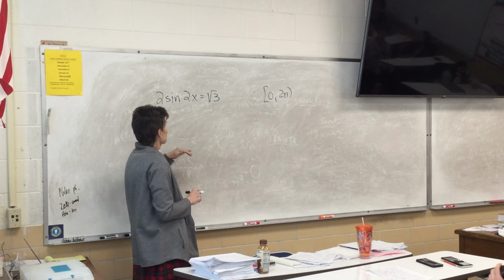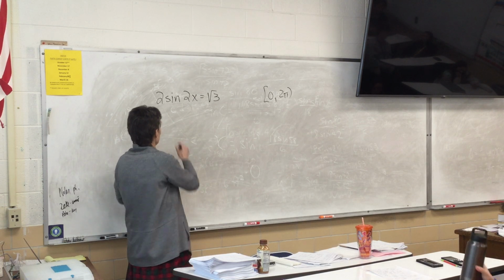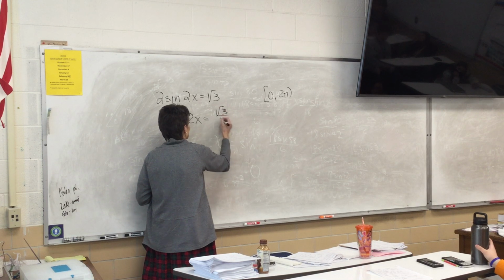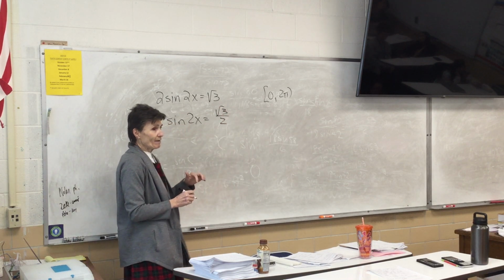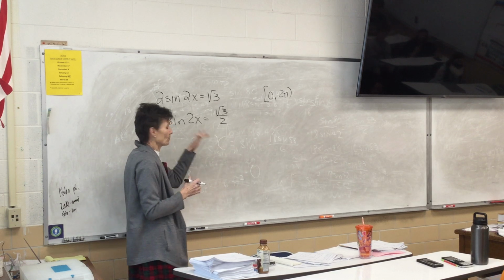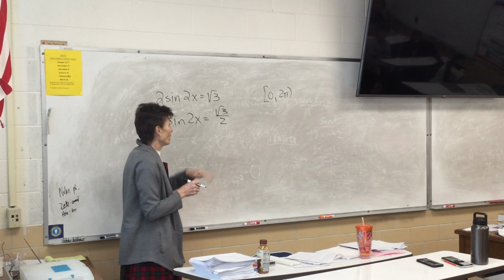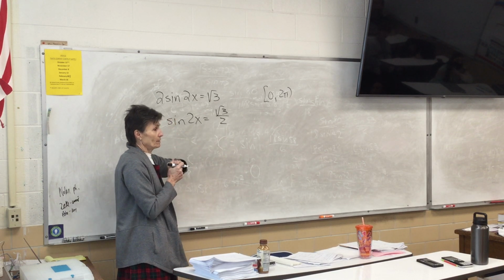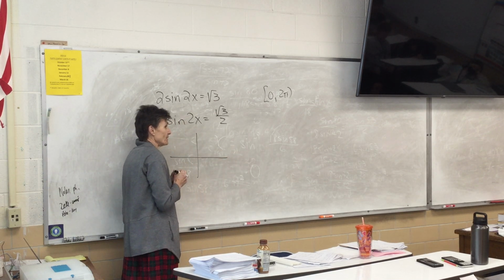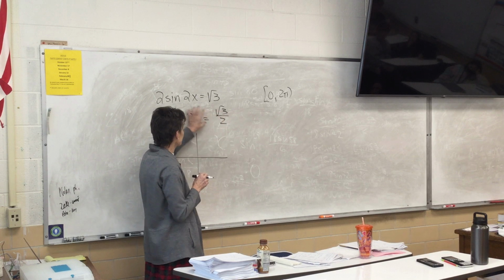Okay, so first of all, let's divide by 2. So we have the sine of some angle equaling root 3 over 2. Well, that's a positive number. So where could this angle be if its sine is a positive number?